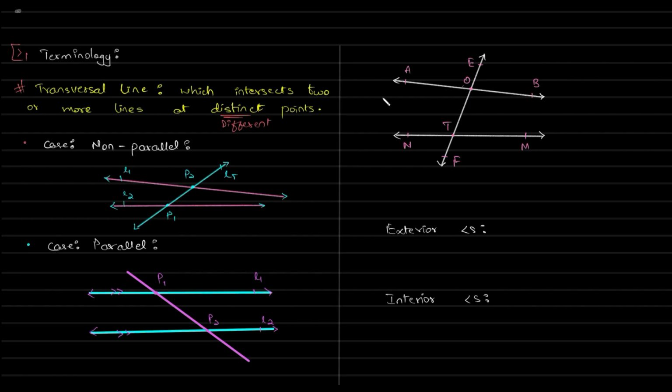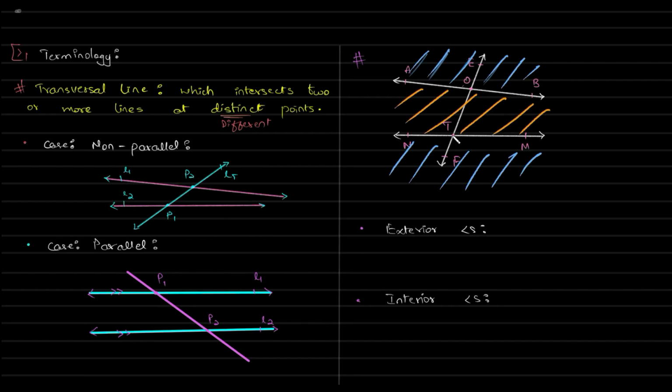So I have the next set of terminologies. With the help of this diagram, we'll be learning that. So we have exterior angles and interior angles. See, these are two lines and this is your transversal line. So the angle which we deal with from this space and from this space, they are exterior angles, and the angles that we deal with from this space are interior angles.